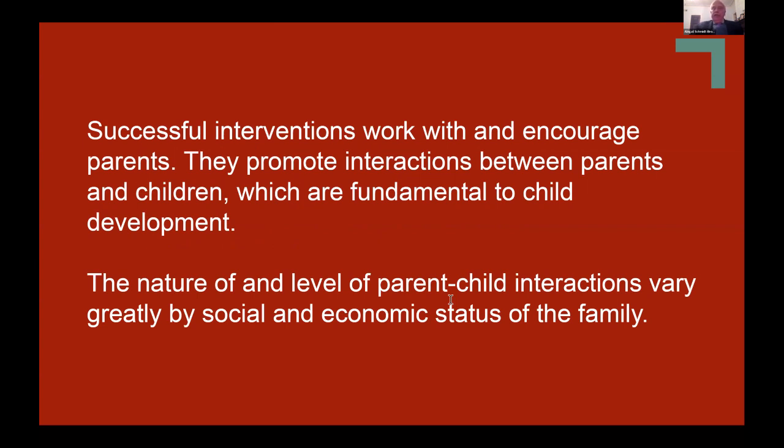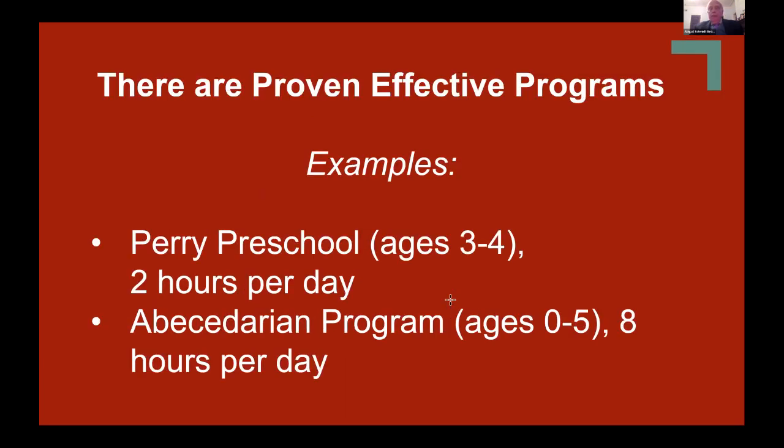So what we need to understand is something that's not discussed much in public policy, and that is that the nature and level of parent-child interaction vary greatly, and they affect vitally the way that skills are produced. Normally, we don't talk about this, but this is crucial because many families are compromised all around the world.